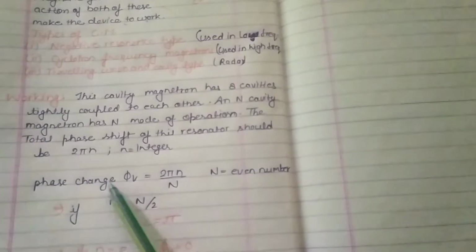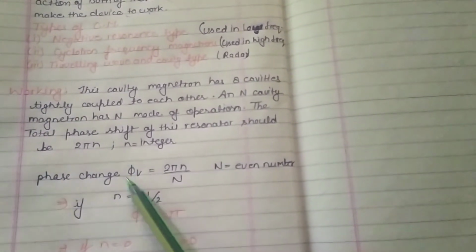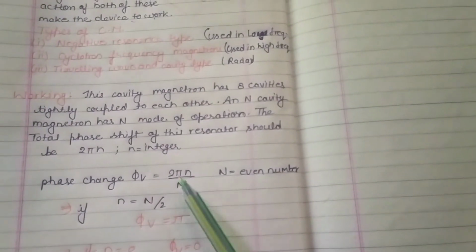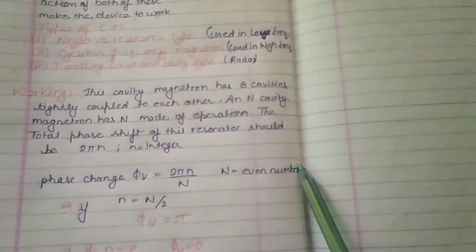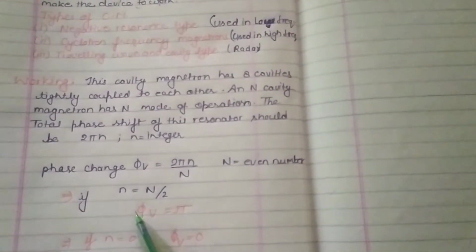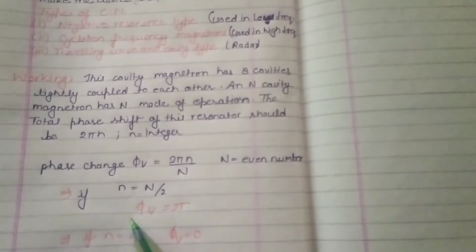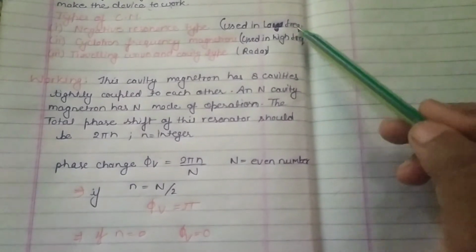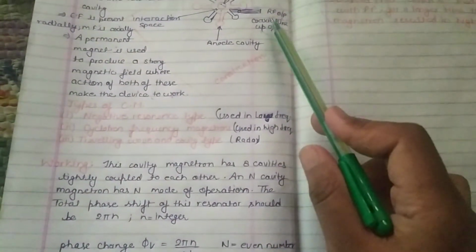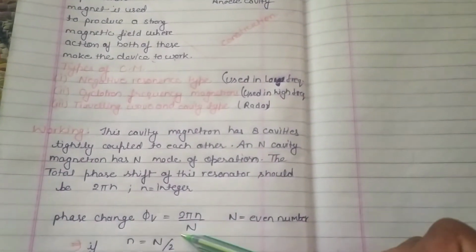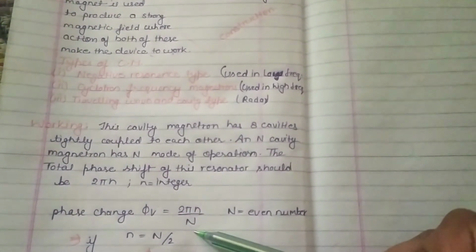If the phase change is denoted by φv, that equals 2πn upon N, where N is an even number. We can put it, if n is equal to N upon 2, then the phase change in the output radio frequency that we are considering here has the phase change φv = 2πn/N.